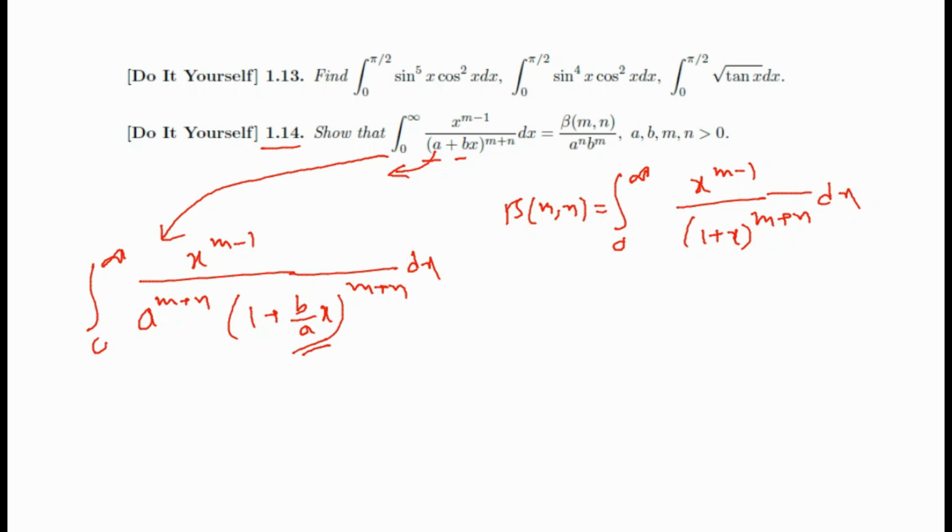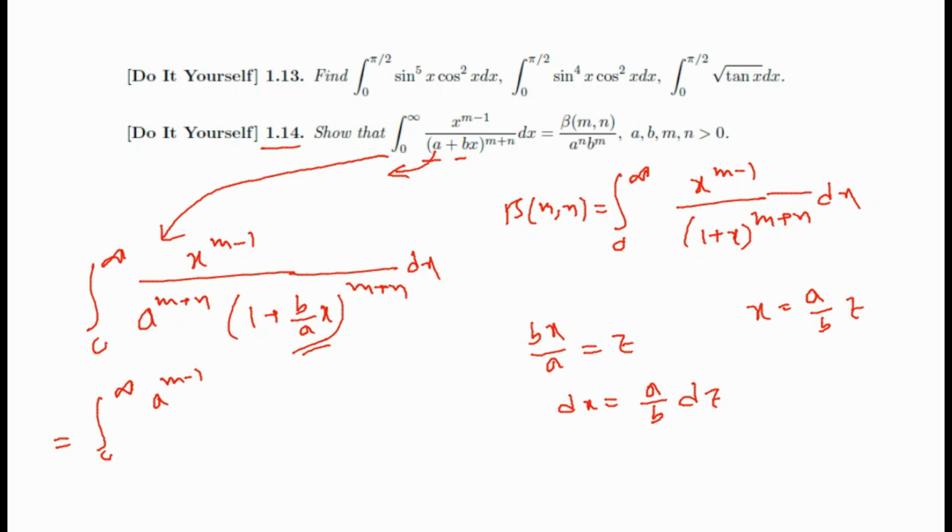Now simple, if you put bx by a equal to z, so dx equal to a by b dz, and the limit will be 0 to infinity, and x equal to a by b z, so a power m minus 1 by b power m minus 1 into a power m plus n, and z power m minus 1 by 1 plus z power m plus n, and dx is a by b dz.